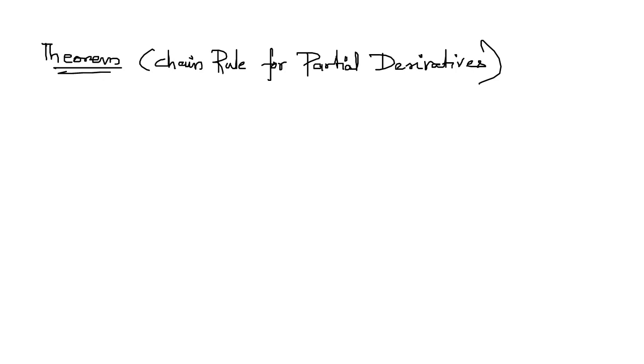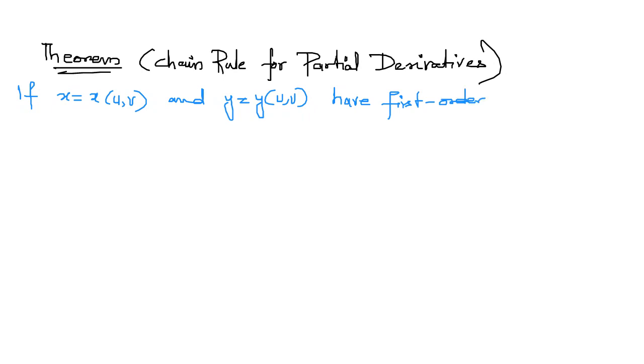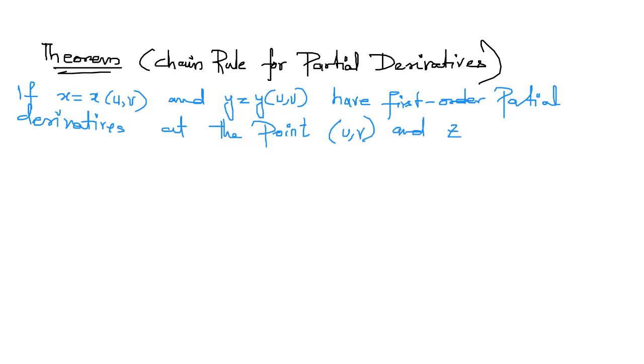If you have a function, x is a function of u and v, a two variable function, and y is a function of u and v, a two variable function, with first order partial derivatives at the point u and v, and z is a function of x and y, and is differentiable at the point x and y.